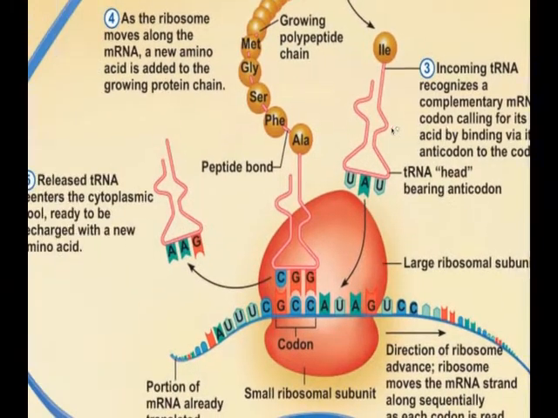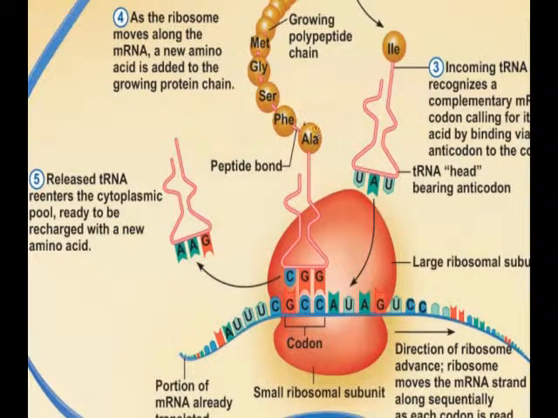Then when this happens, just like right here, that amino acid that is attached to that anticodon is then going to form a peptide bond with the adjacent amino acid right next to it. And then the anticodon is going to release that amino acid, and it is actually going to be released by the ribosome to go back out and attach to another amino acid of the same type.